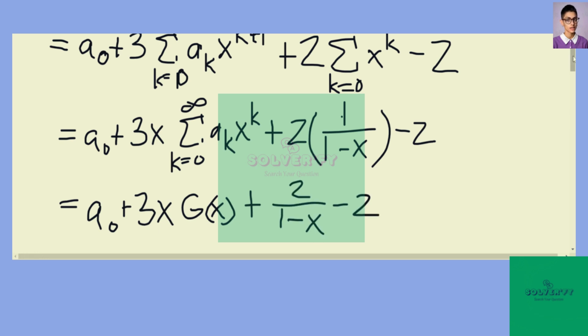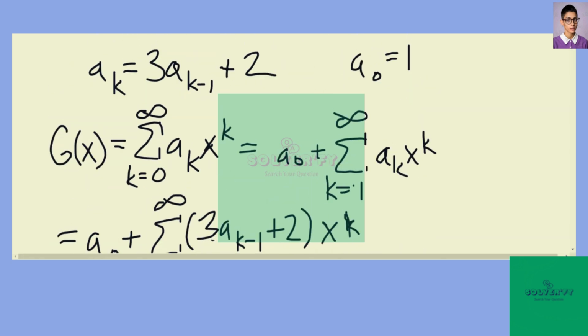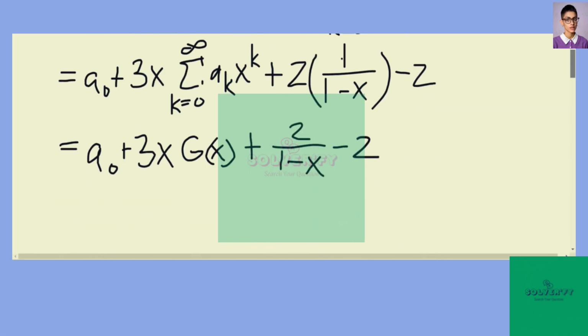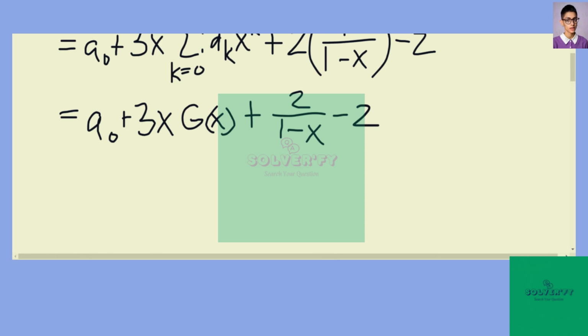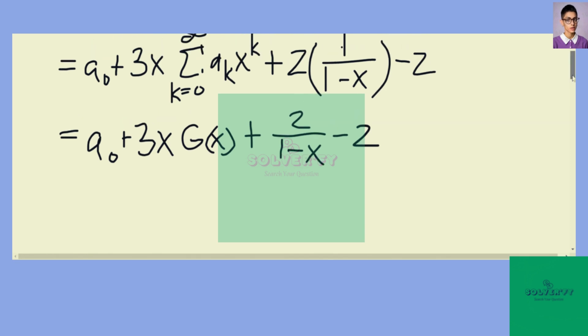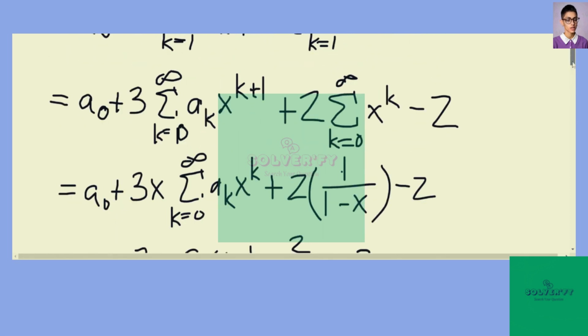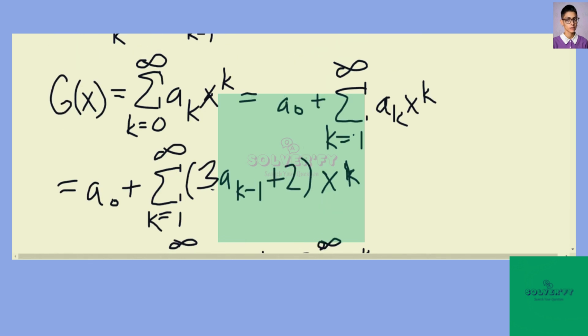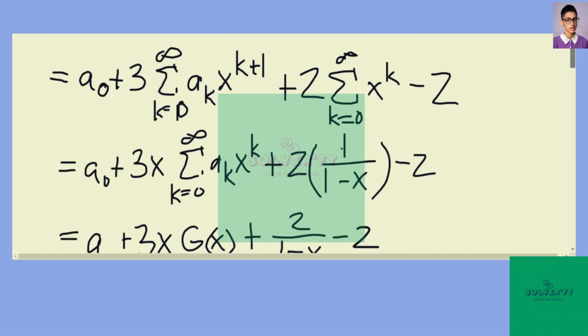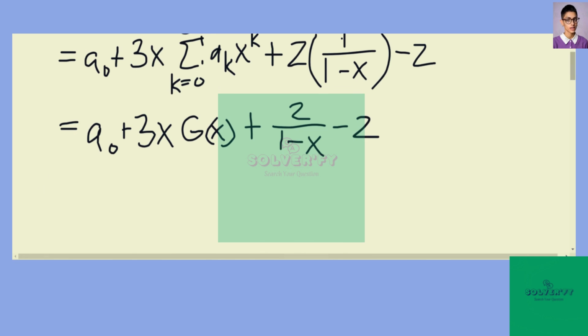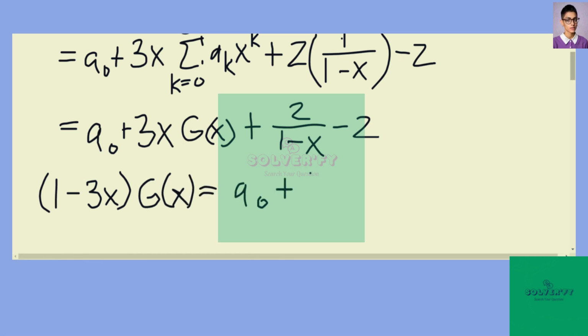So now we have g(x) on both sides of our equation. To solve this, we want to get g(x) on one side, so I'll subtract 3x g(x). So I get (1 minus 3x) g(x) is equal to a_0 plus 2 over 1 minus x minus 2.